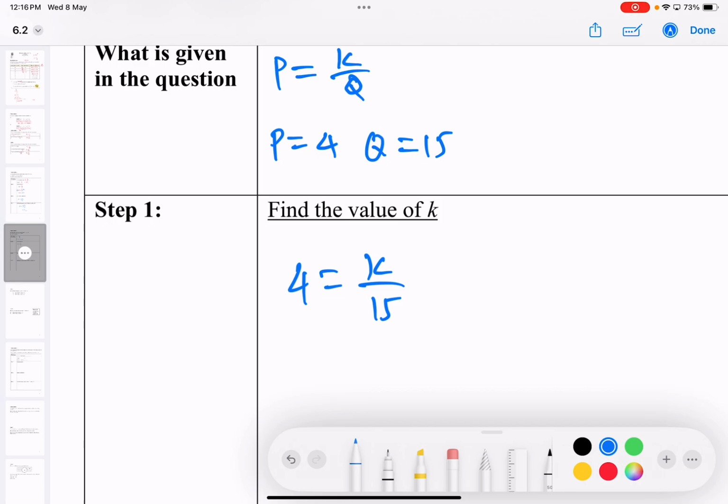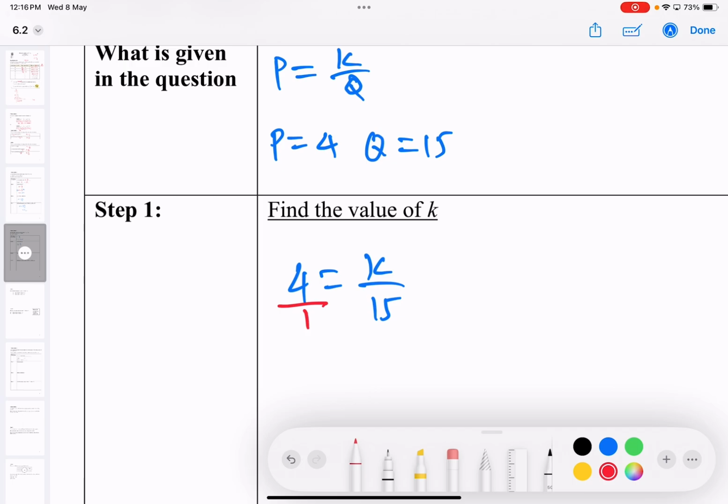Now, I'm going to teach you one more method. This method actually is not new. I taught you before. To find the value of K, you can do something called cross multiplication also. I think a lot of you prefer that one. If you want to find the value of K, you can express both sides as a fraction. So the 4, can you express it as 4 divided by 1?